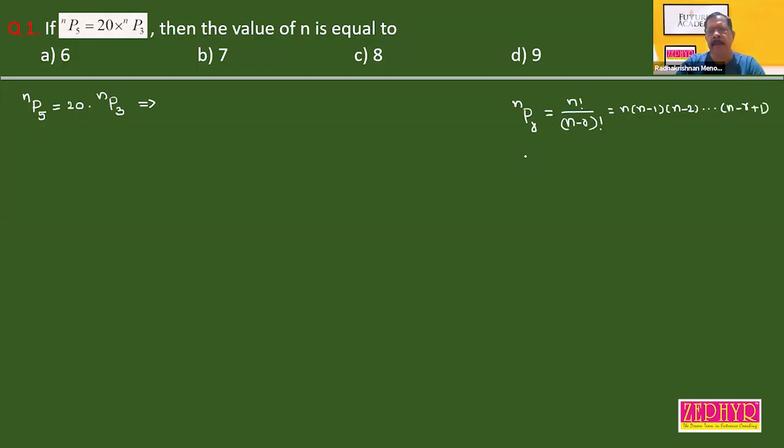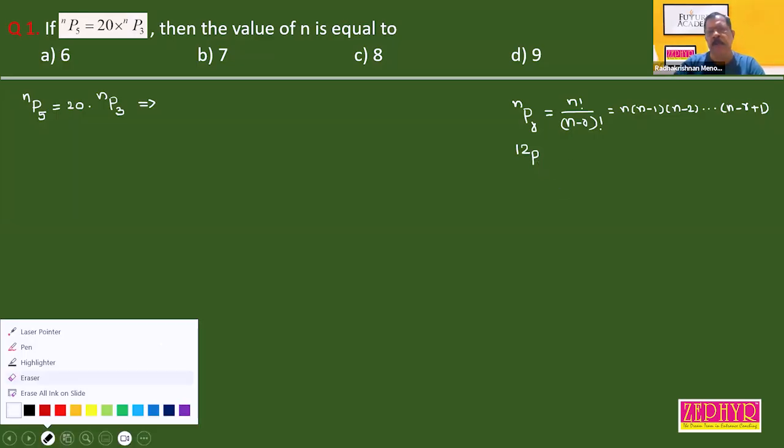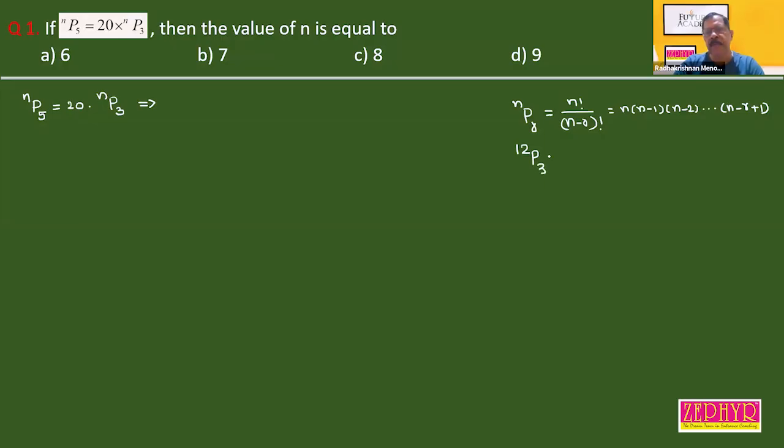Okay. That means if you want to calculate 12P3, okay, we can write 12 factorial divided by 12 minus 3 factorial.